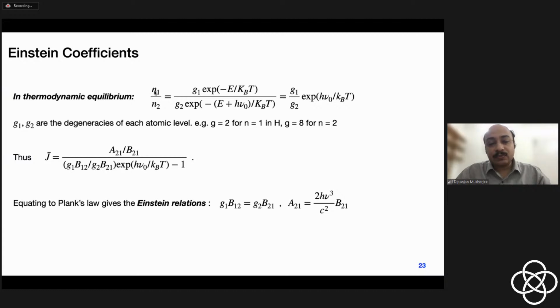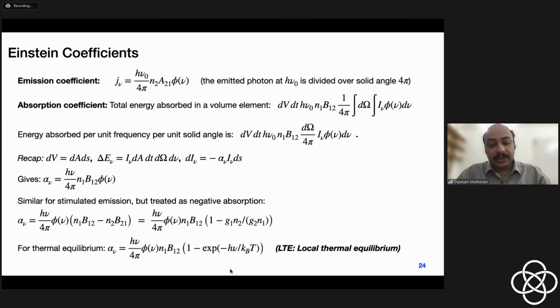Also, we know that N1 by N2 is related to the statistical weights and the exponential of h nu by kT. So we just substitute this here to get the final form of the absorption coefficient.